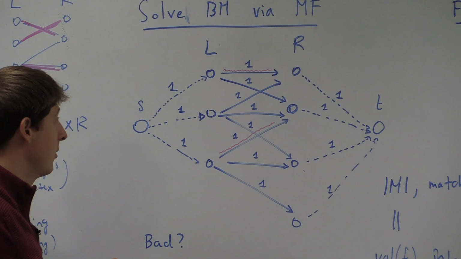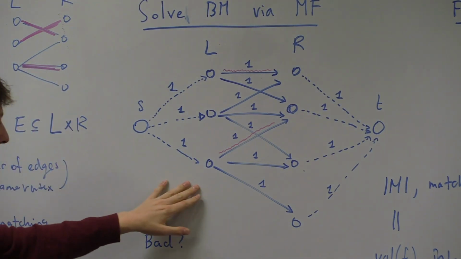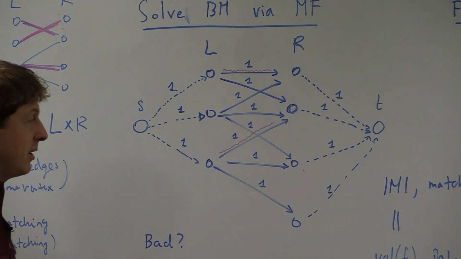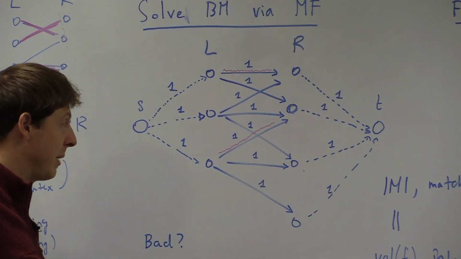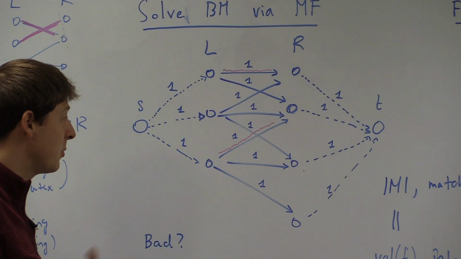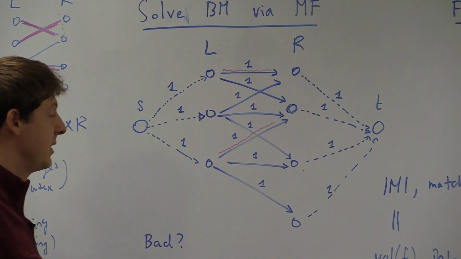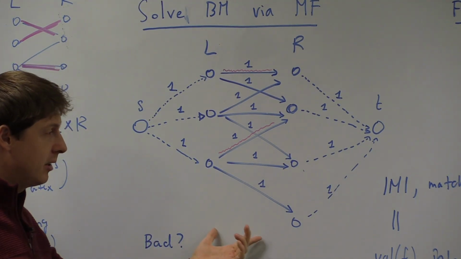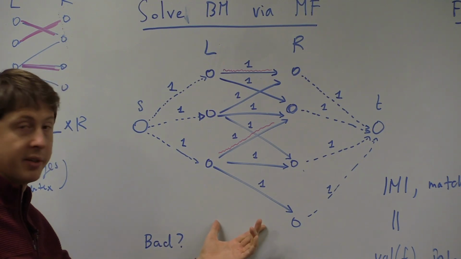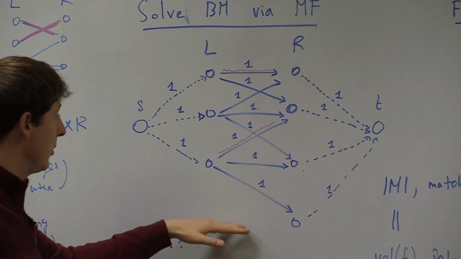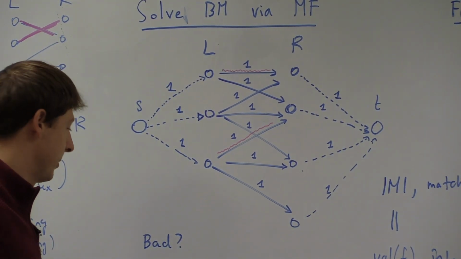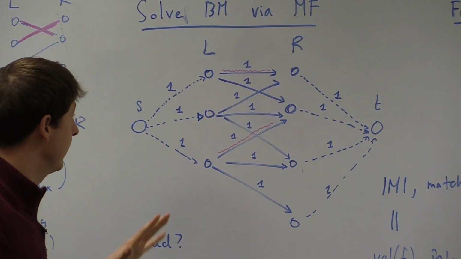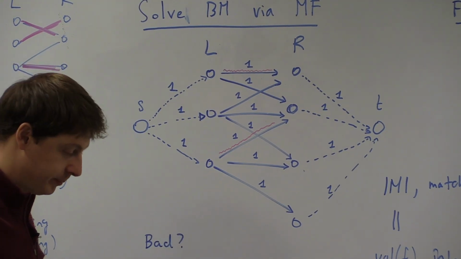The preprocess algorithm gets a bipartite graph and produces a network. This network gets handed off to some subroutine for solving max flow. At some point, it says, here's the max flow on this network you gave me. And then we implicitly thought about a post-process algorithm that will take this max flow and read out from it the matching. So in this respect, we reduced one problem to another.